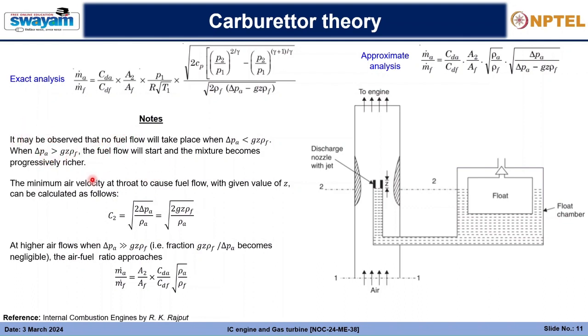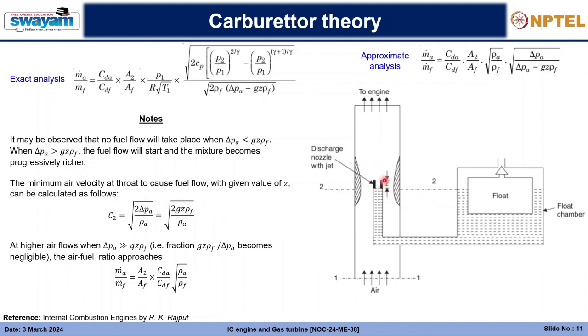The first note is, it may be observed that no fuel flow will take place when the pressure difference is lesser than g Z rho F. Here you can see the pressure difference across this should be greater than the pressure difference across this due to the height Z. If this is not higher, this entity will be 0 or less than 0, which is not possible, and accordingly there will be no fuel going outside.